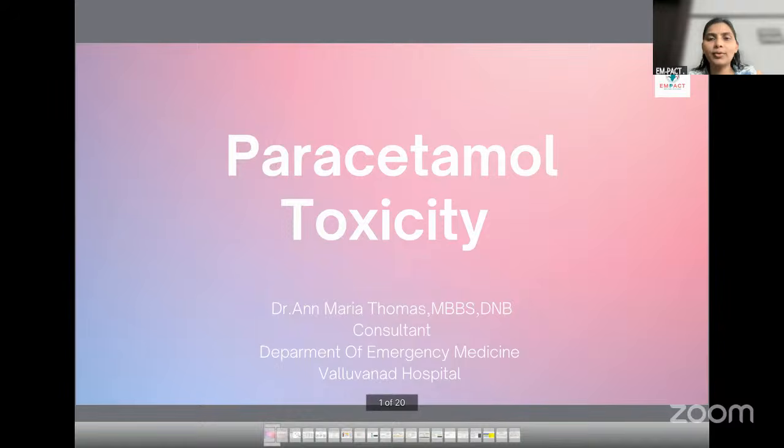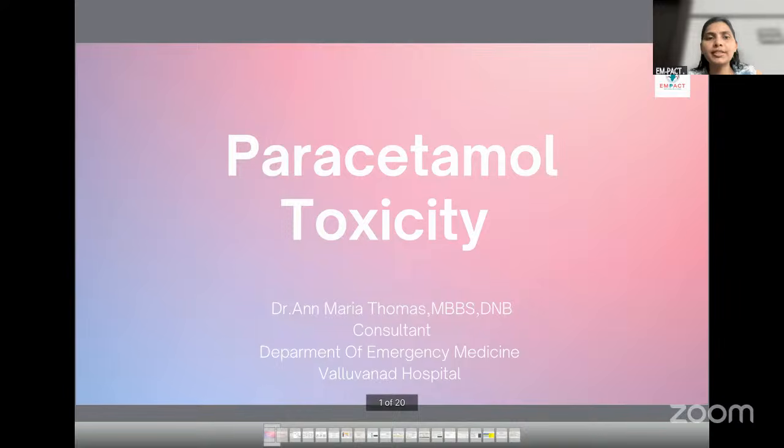So let's calculate the dosage. This girl has taken 30 tablets of 650 mg paracetamol. 30 times 650 equals 19.5 gram. So just remember the toxic thresholds. For adults, more than 7.5 gram or more than 150 mg per kg.